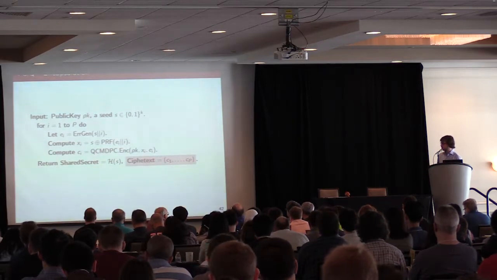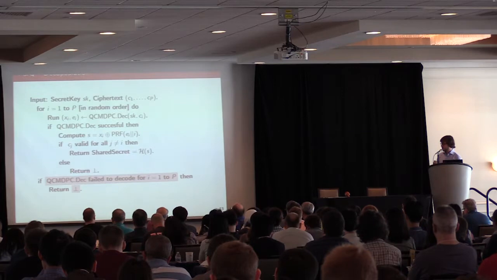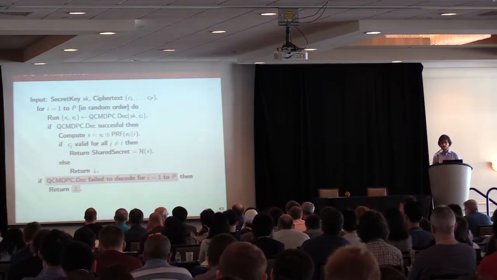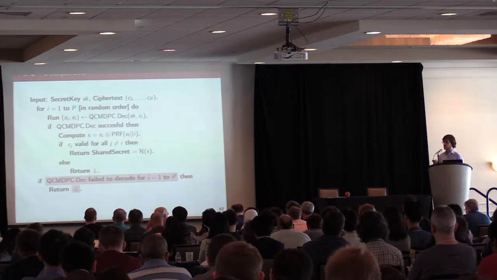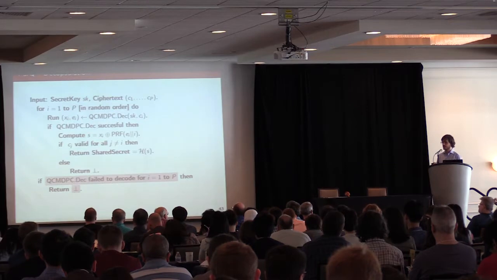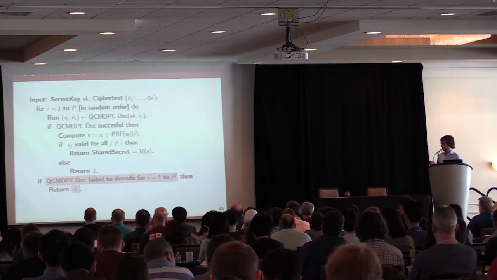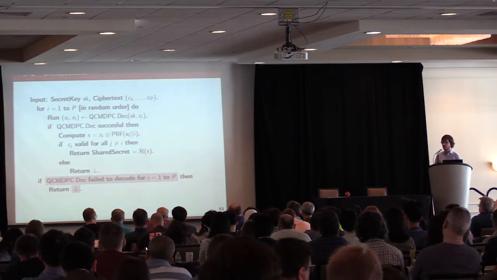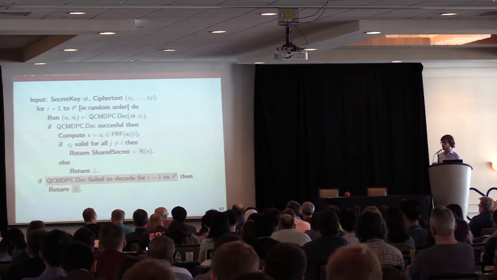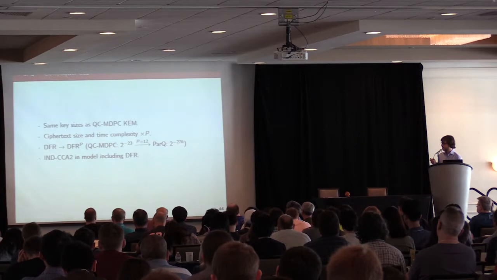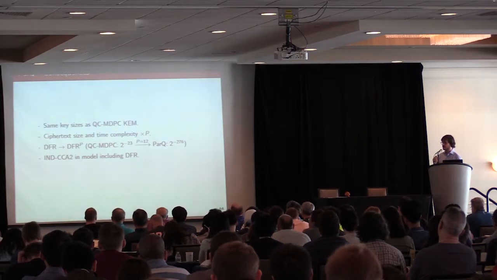When you want to decapsulate, you try to decode any of those, and you will consider that the decoding fails only if all of them fail. So of course, the probability that all of them fail is the probability that one fails to the power P. Therefore, you can control the DFR, the decoding failure rate.